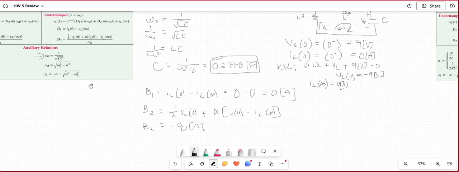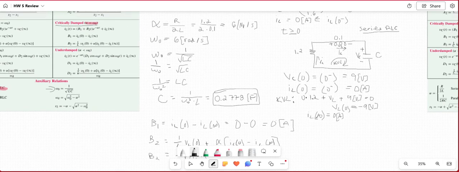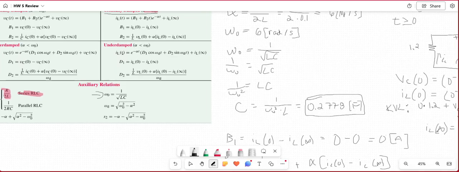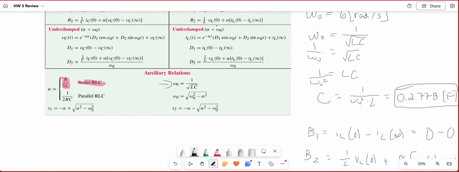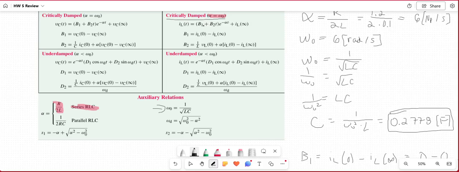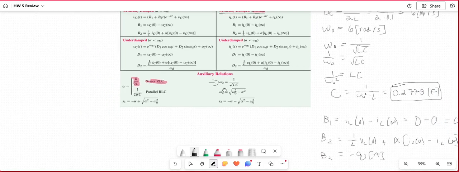Now we're just going to plug this into the equation. IL of t equals B1, 0, plus B2, -90t, e to the negative alpha t.